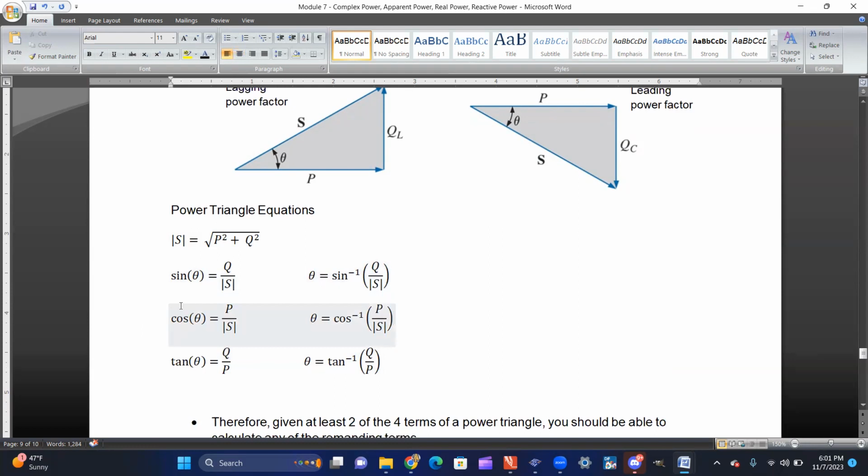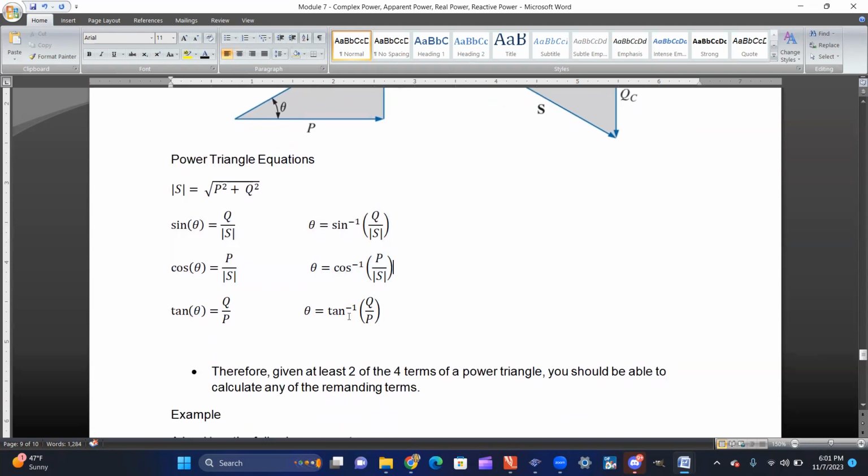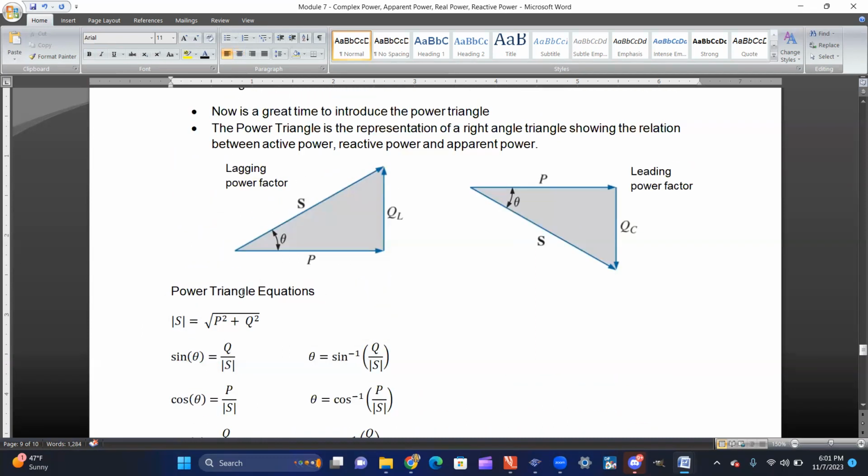So if you're given at least two of the four terms of a power triangle, you should be able to calculate any of the remaining terms. So like for example, if I gave you only your P and S, right? Your average power and your apparent power. You should be able to calculate your angle.